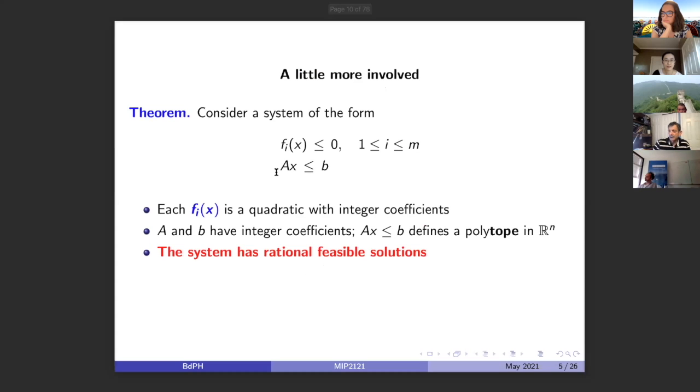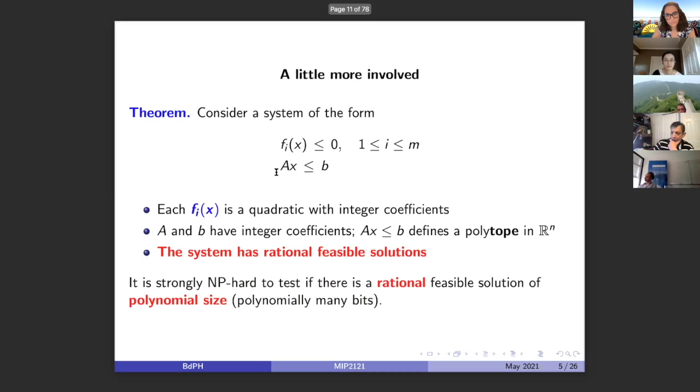Okay, a little more complicated now. Suppose that we have a system of linear inequalities and quadratics. And now we know that the system does have rational, feasible solutions. In the prior setup, we had a system and we did not know if it had rational, feasible solutions, but now we do.